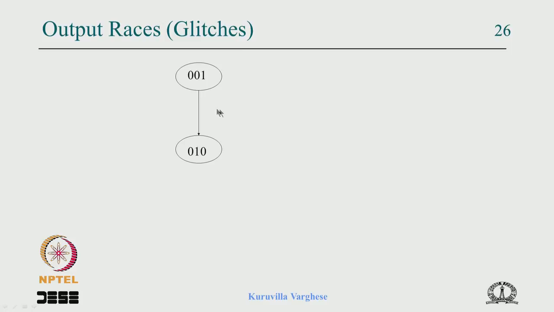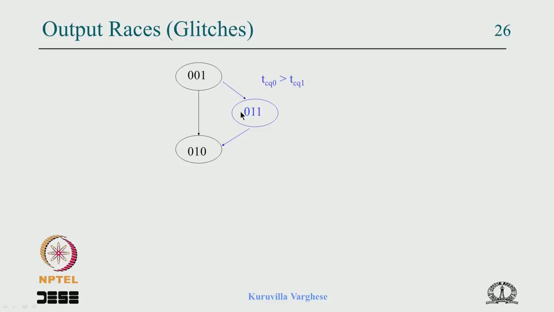So what happens is that it was 001. If Q1 is faster, this 0 will become 1 before this 1 becomes 0. Then ultimately the 1 will move to 0, because Q0 will change state after a while. So in between, while changing the state from 001 to 010, for a brief period a transitory state will come, which is 011.